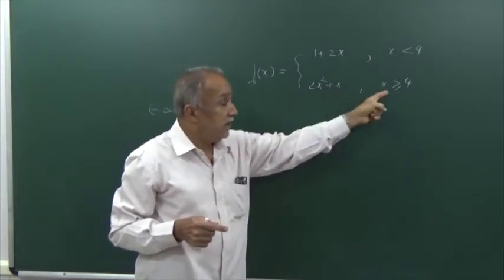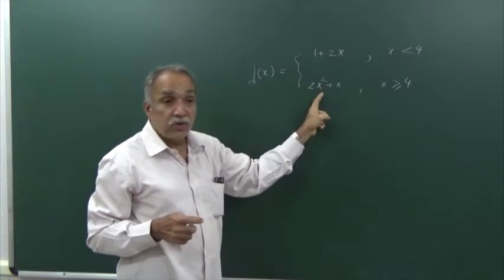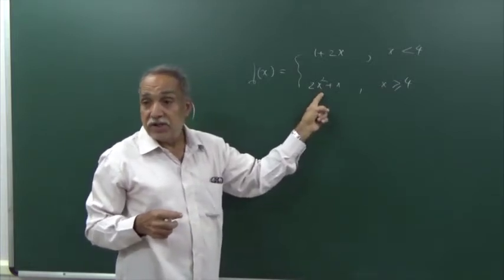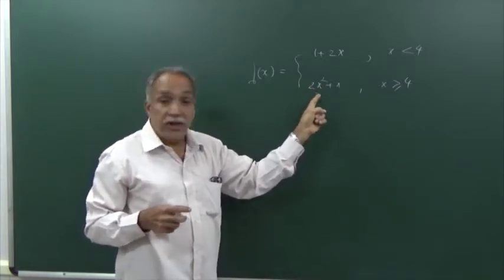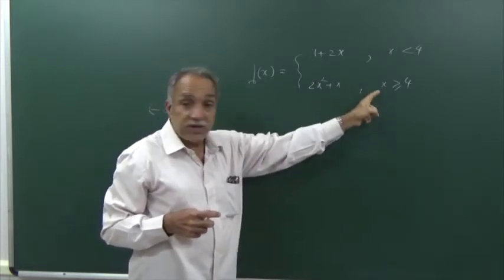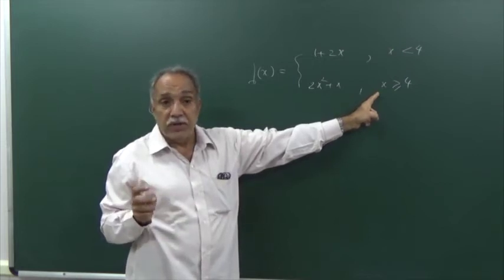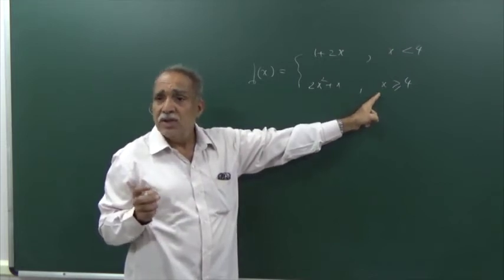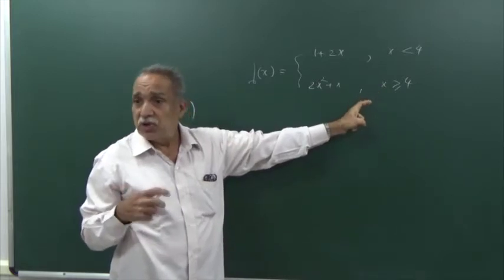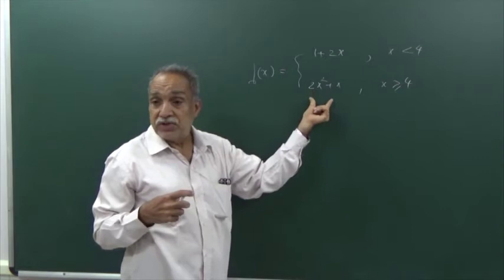This part is applicable for x greater than or equal to 4. The formula we are using is 2x square plus x. What values will be attained by this function when x satisfies the condition x greater than or equal to 4? This is what we are required to determine. Simplest method, this I was trying yesterday also, use the graphical representation of this.